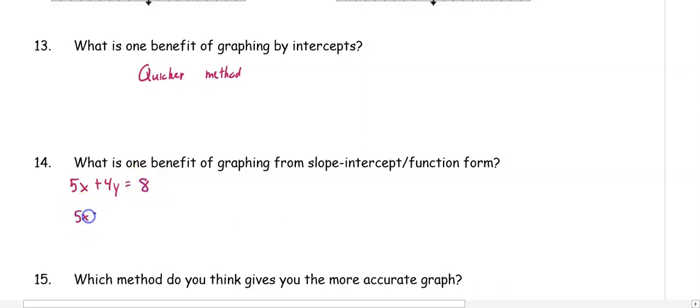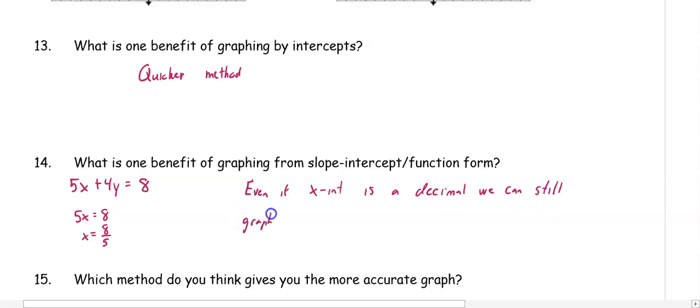When I go to find the x-intercept here, we would get a fraction. Sometimes that is hard to graph, but if we were in slope-intercept, even if the x-intercept is a decimal, we can still graph our line easily.